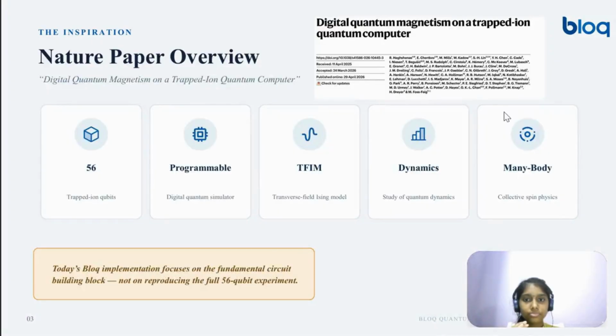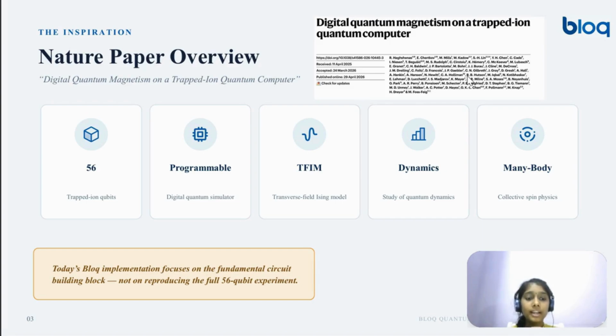The research that inspired this tutorial demonstrates this concept on a much larger scale. The authors implemented a programmable digital quantum simulator using 56 trapped-ion qubits to study the transverse field Ising model. Ising models are fundamental models in condensed matter physics.